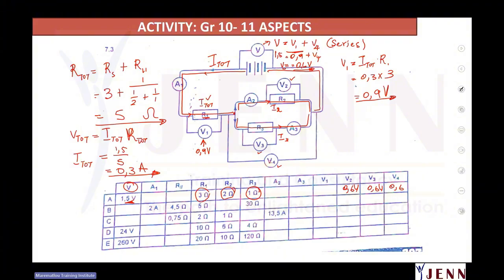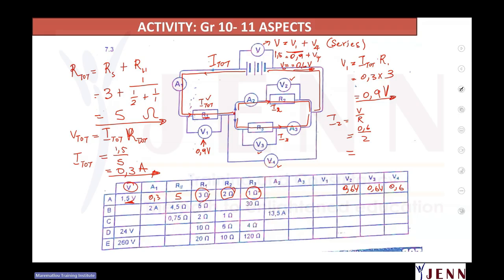Because if I have half of the job done already, I know the current flowing here, we said is 0.3. We calculated it there already. So current in A2 and A1, we can calculate. That will be I2 is equal to V over R. The reading on V2, we said, is 0.6 divided by the resistance of 2. There it is.